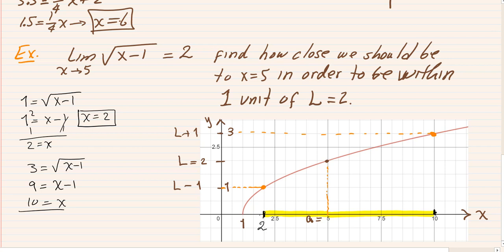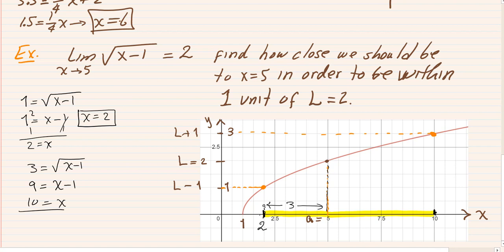It's really that simple. How close should we get to 5? Well, in the case of a non-symmetric interval, which is what we have, in order to meet the lower tolerance for the limit, that's L minus 1 equal to 1, I need to be within what? From 2 to 5, that's 3 units.